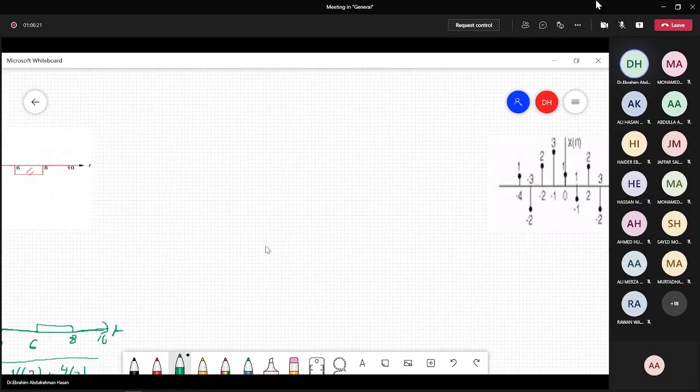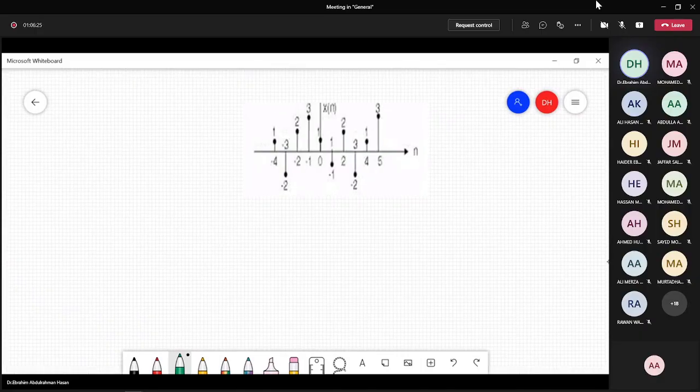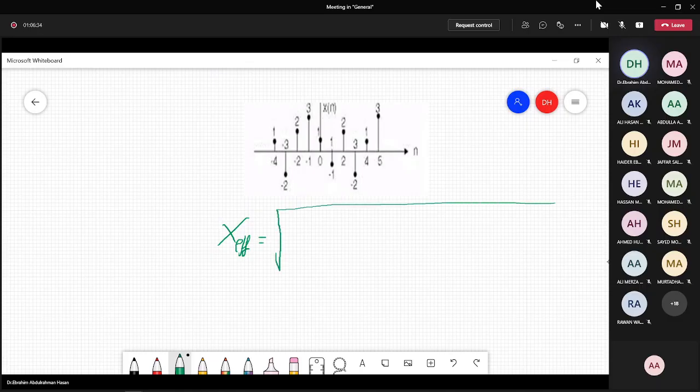Okay, for discrete, it is exactly the same. So it is 1 over N. So x effective is equal to root of 1 over N, where N we said is equal to 10, summation of x square, so square of all these.